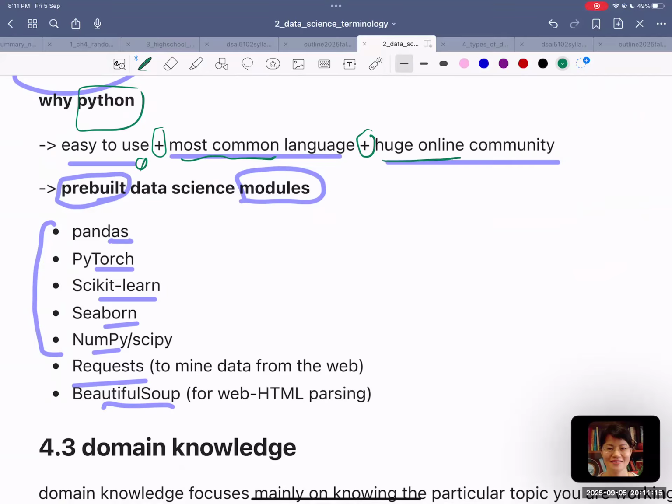And the third one, huge online community. Because Python is very stable, people use it, and then they share their experience through the communities, for example, like CSDN, right? If you have a math problem, you ask Google, you use CSDN, a lot of people will answer you. So it will help you.